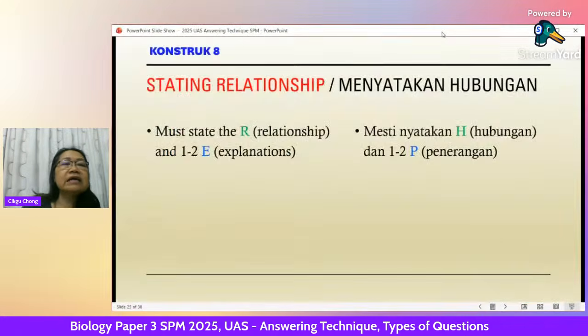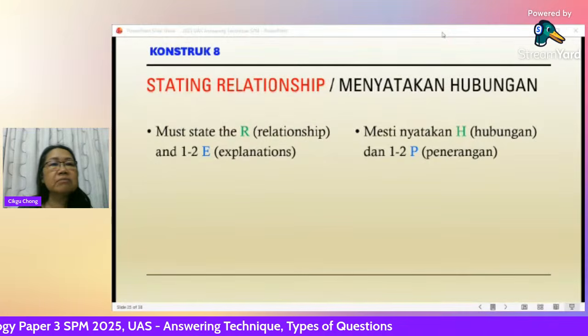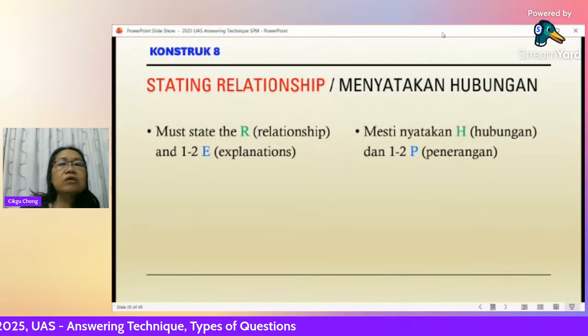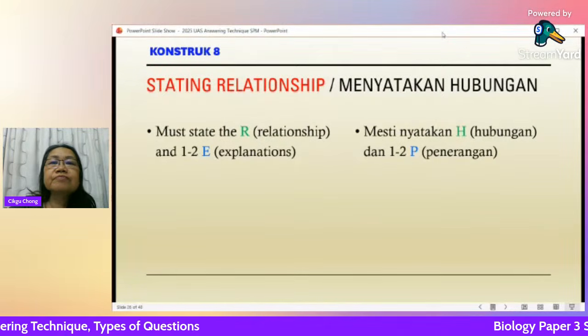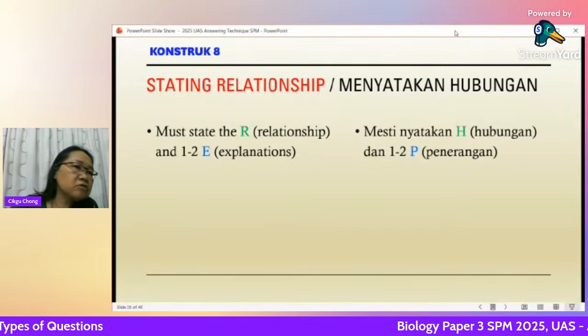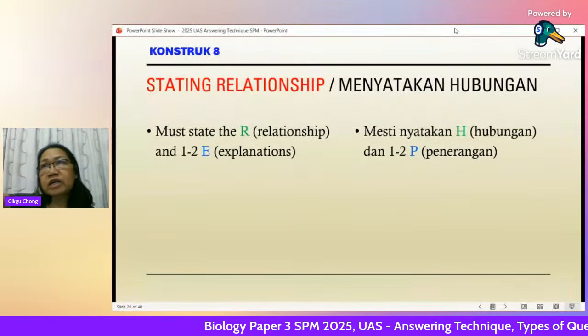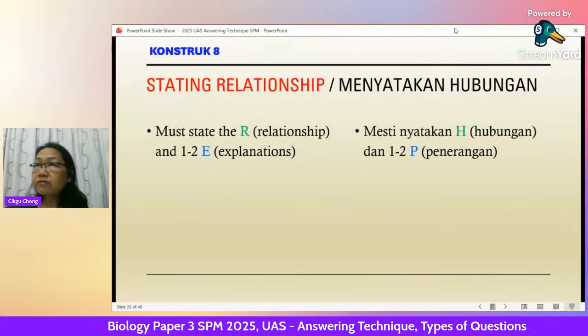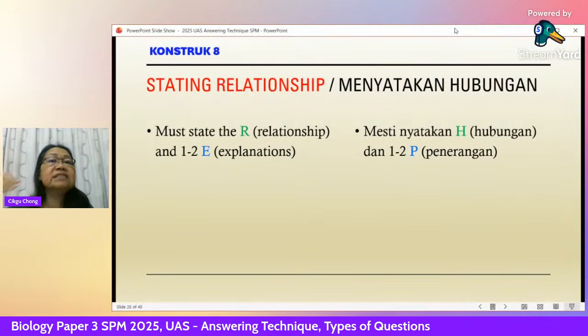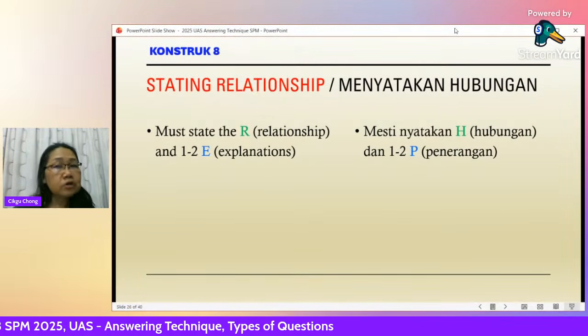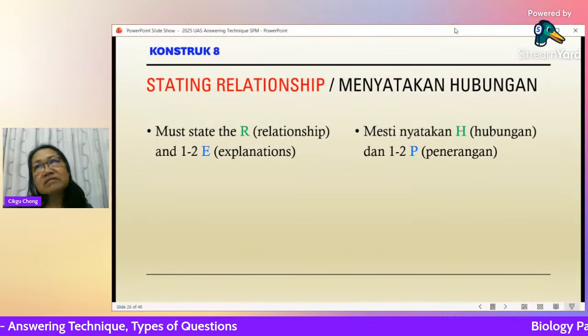Okay, right. Now relationship. We're coming to construct number 8. So how to state relationship? Title, no need title, usually they don't. Usually the question already gives you a title. But if they don't have, you want to be extra safe, you're scared you lose marks or don't get full mark, please write the title.